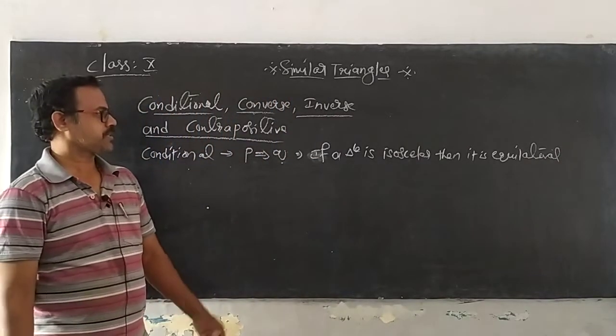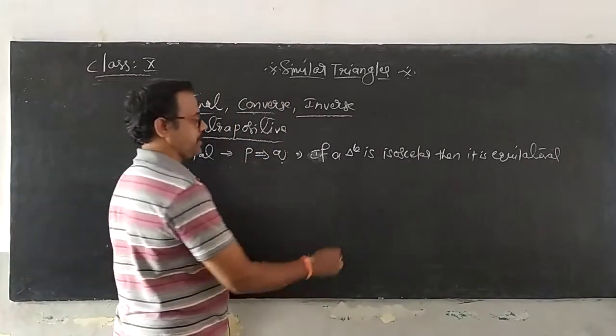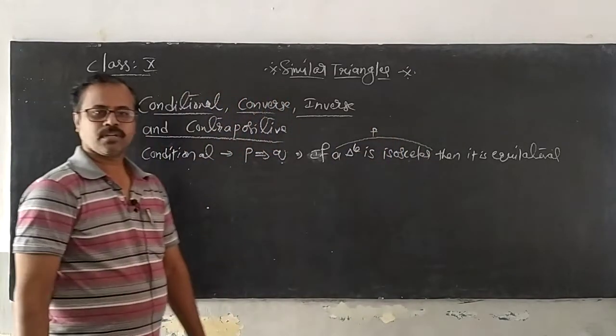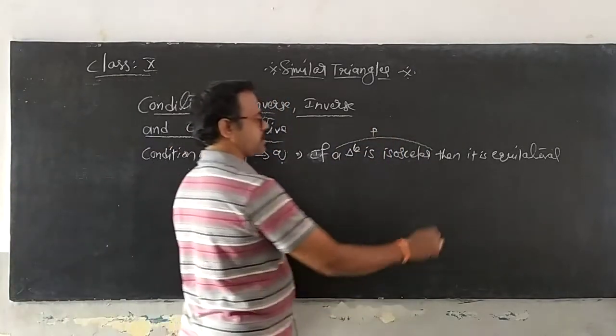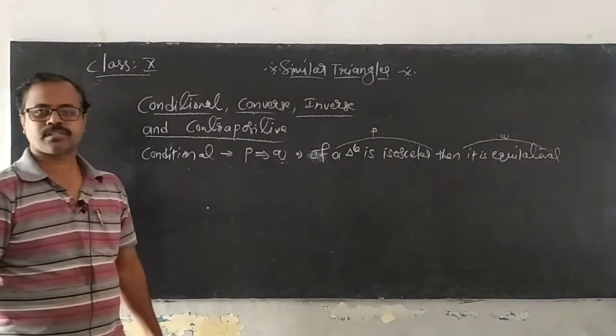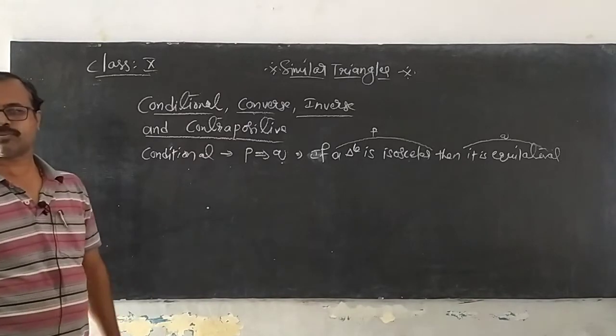We have two statements here. The first statement P is a triangle is isosceles, and the other statement Q is it is equilateral. This is the conditional statement given to you.